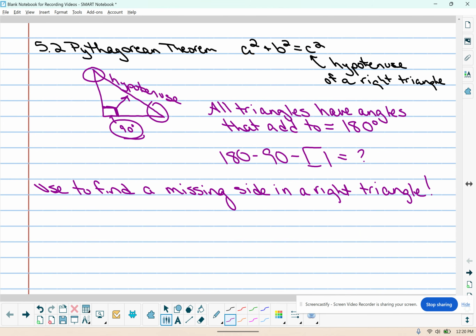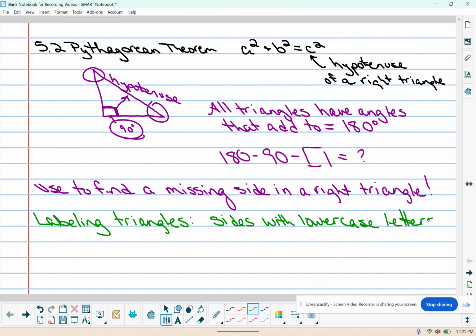Okay, here's just a note on labeling a triangle. And I don't know if you already know this or not, so I'm going to throw it out here. So labeling. You're going to label your sides with lowercase letters, and your angles with capital letters.